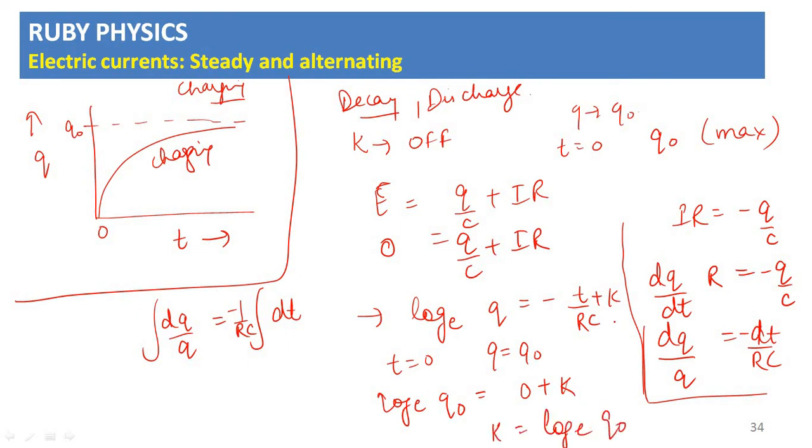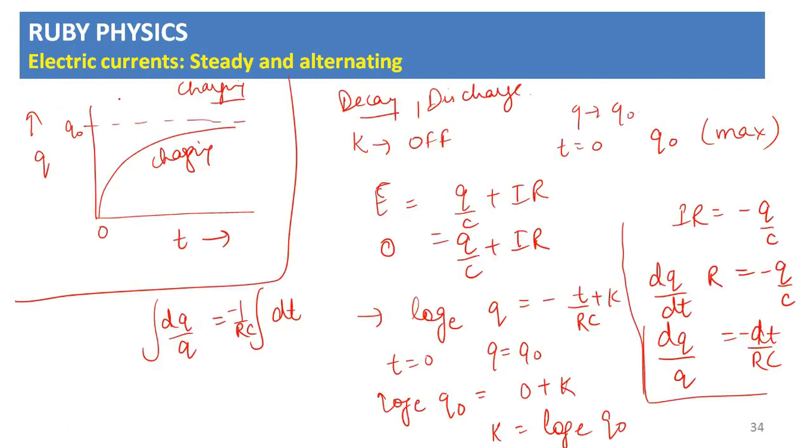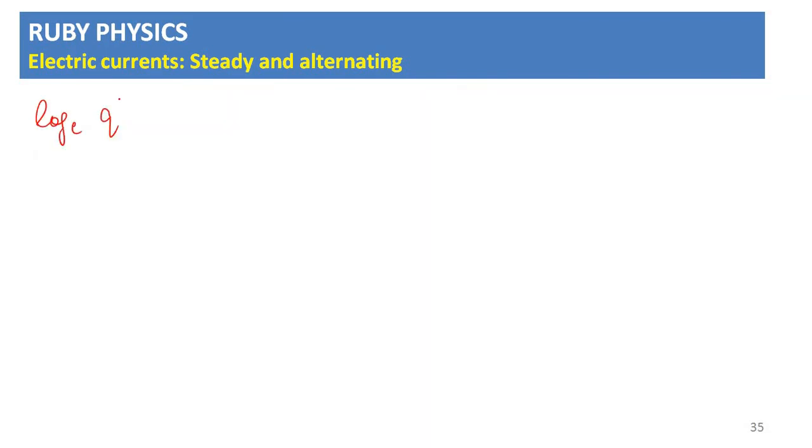We put the value of K in the equation, so we get log base e Q = −t/RC + log base e Q naught.